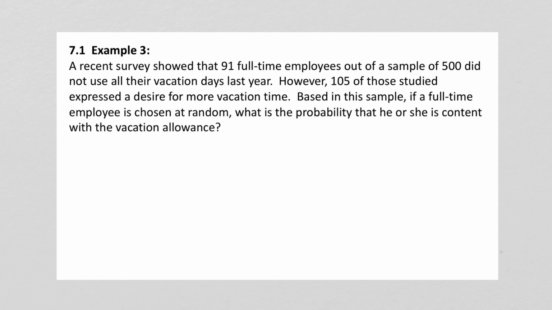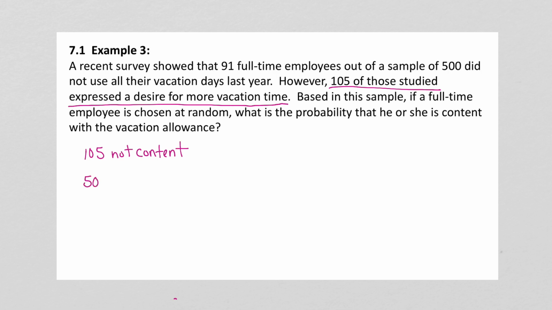Now, I'm not particularly happy with this problem because it's not specific in the question that it asks with what it's been given. But you are able to figure it out because we can see that 105 expressed a desire for more vacation time. So they must not be content. 105 of the employees are not content with their vacation time.